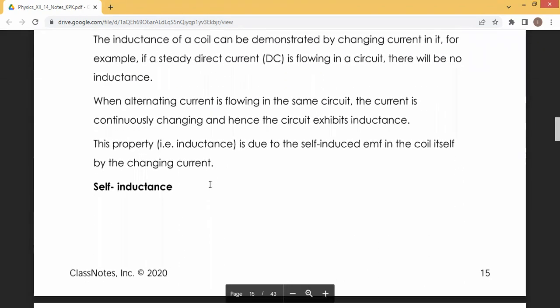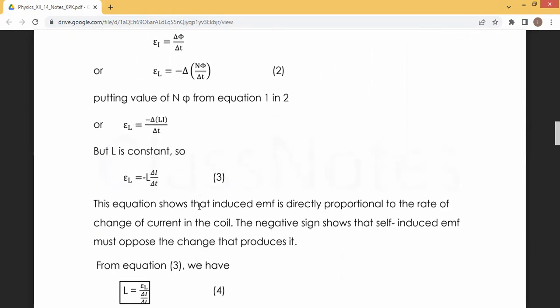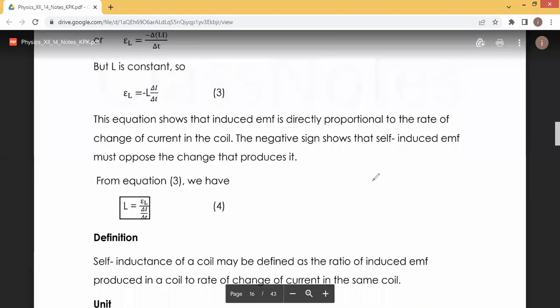So the induced EMF will be equal to negative L delta I divided by delta T. L equals induced EMF divided by delta I divided by delta T. The self-inductance of a coil can be defined as the ratio of induced EMF produced in a coil to the rate of change of current in the same coil.